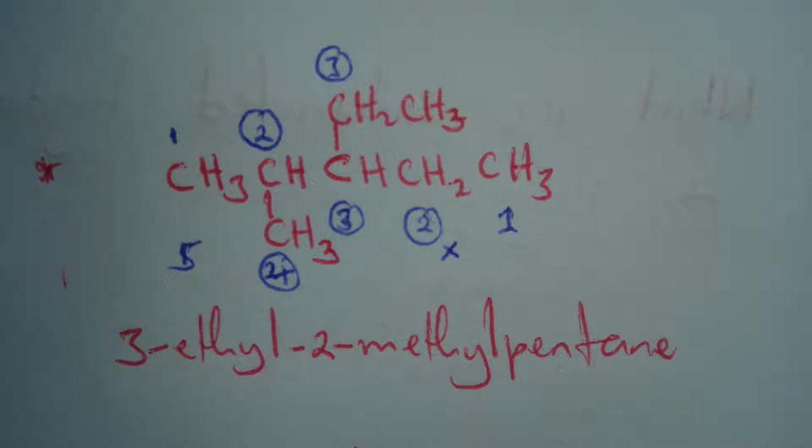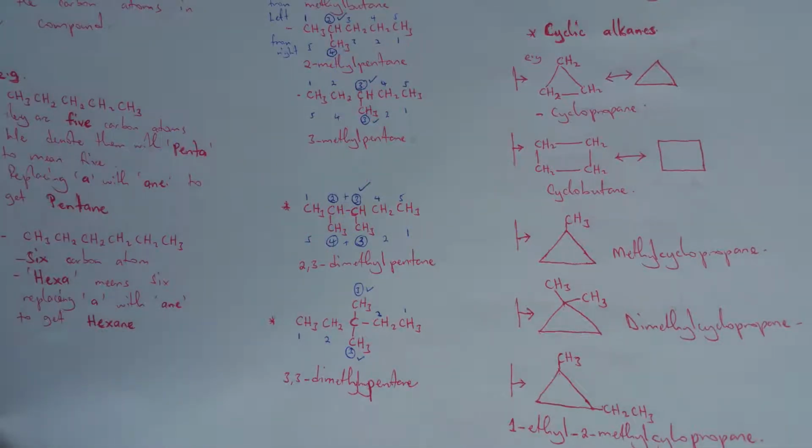So that's how we name such cases where they aren't identical and they are not in the same position. But even when they're not identical, whether they're in the same position or not, that's how we name them. So assuming they were all at position 3, like the second example we had, which was 3,3-dimethylpentane.